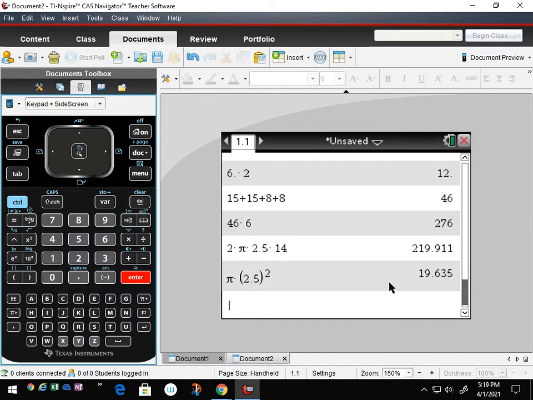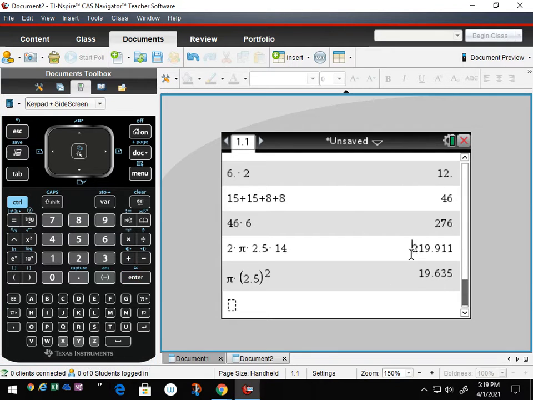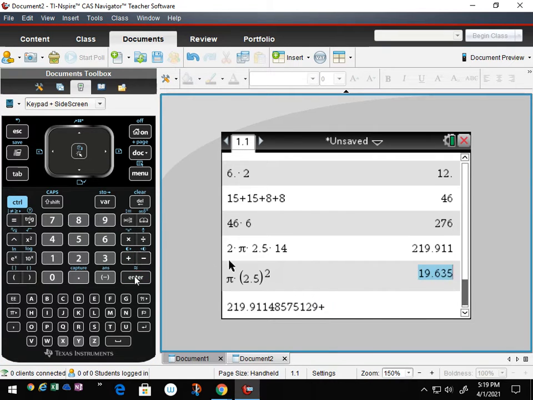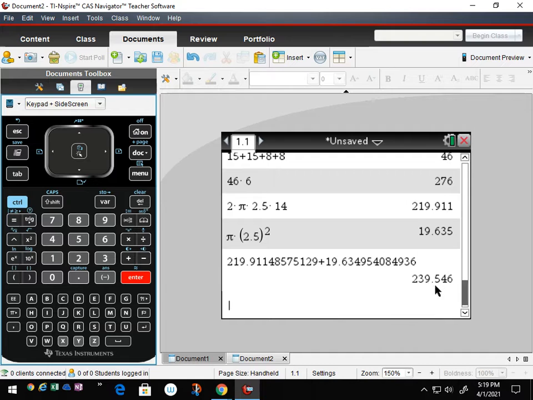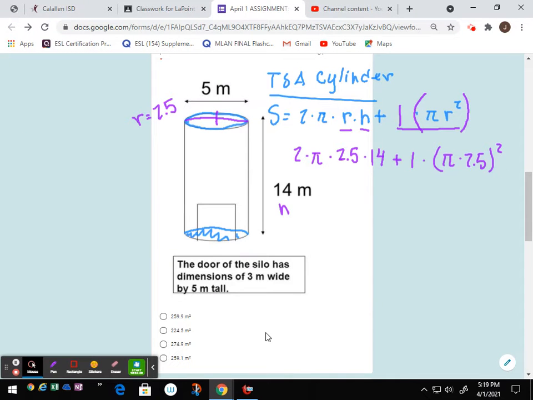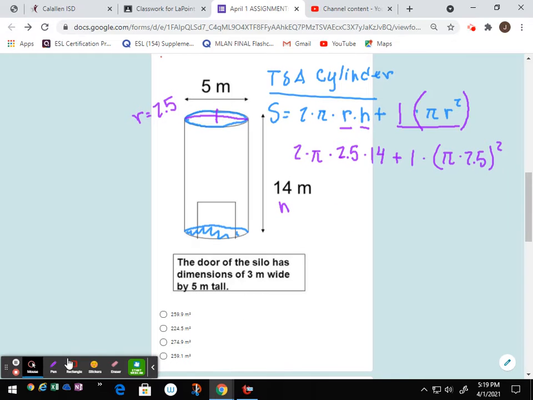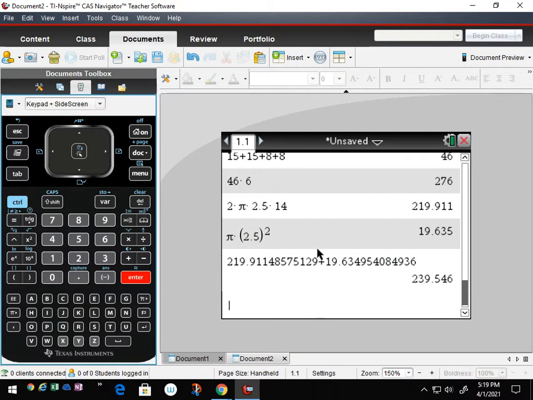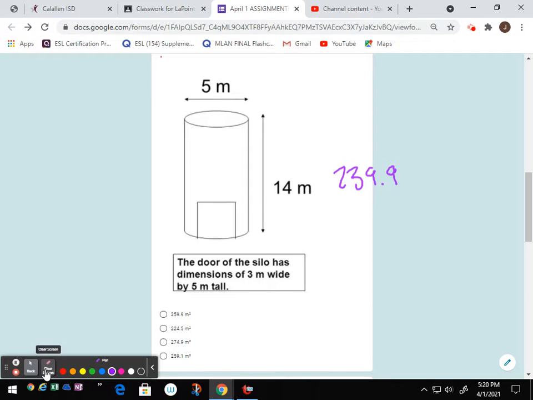Let's just find big B. Big B is equal to 19.6. So we're going to add these two numbers, and we get 239.5. Or 5 tenths, my bad.